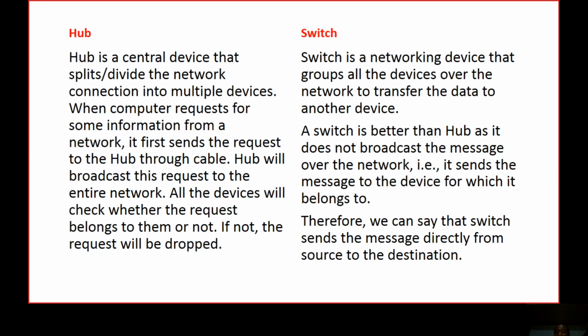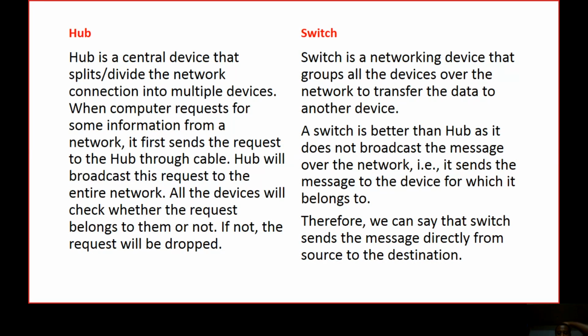A switch is better than a hub as it does not broadcast the message over the network, because on the other hand, a hub broadcasts the received message to the network. But this is not the case with the switch. The switch does not broadcast the message over the network. It sends the information to the destination.